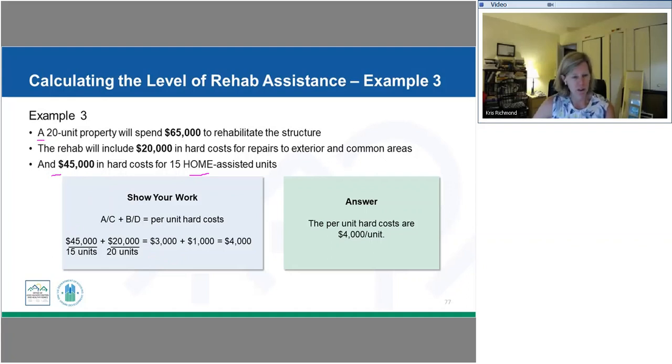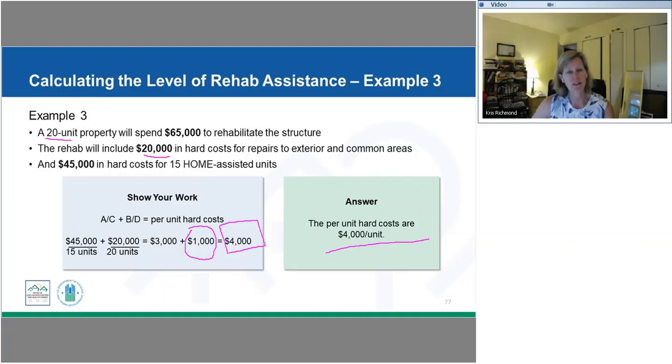So we need to find B, which is the rehab hard cost for the common areas and exteriors, which is $20,000. That's going to be divided by the total number of units in the project, which is 20. So when we divide 20 into 20,000, we come up with 1,000. We're going to add those together, and our per unit hard cost is $4,000. Okay, so our per unit hard cost here is $4,000.